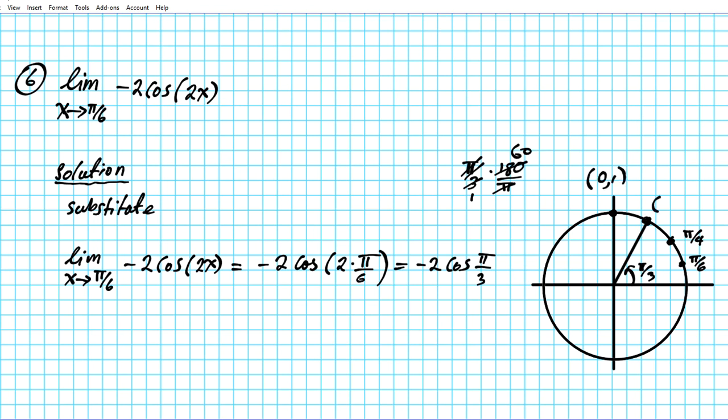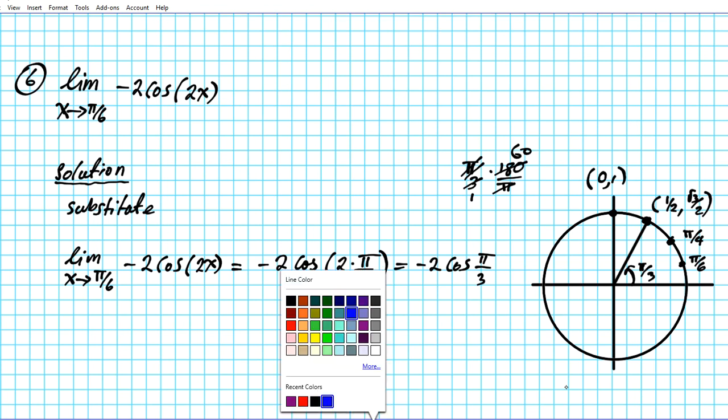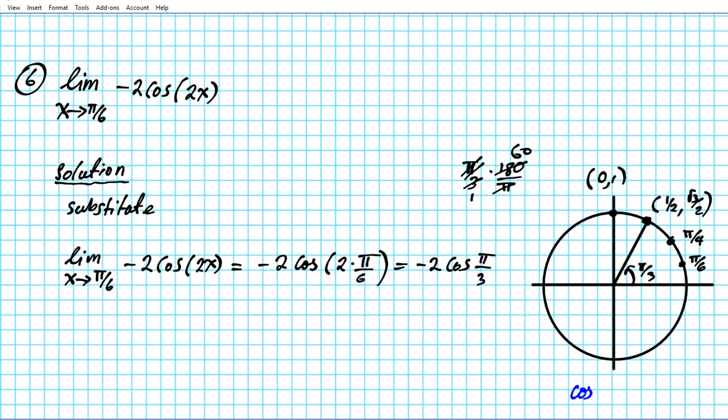So the point next to it, right after 0, is 1/2 in your sequence of points for the unit circle, and before 1 is root 3 over 2. Okay? So we know what cosine is, right? Sine is y. We talked about that earlier. Cosine is x.